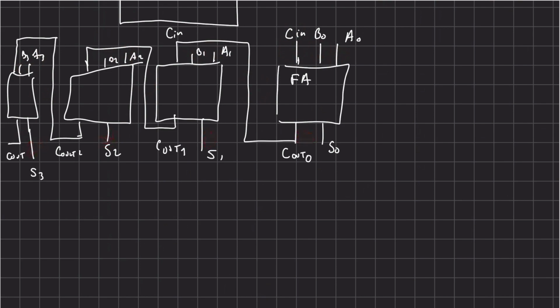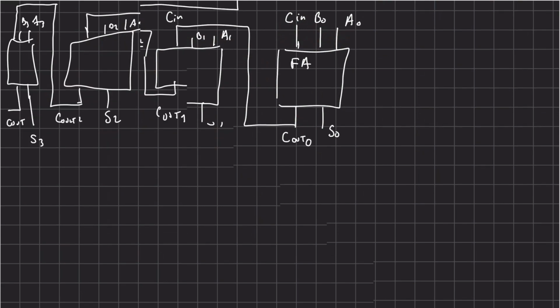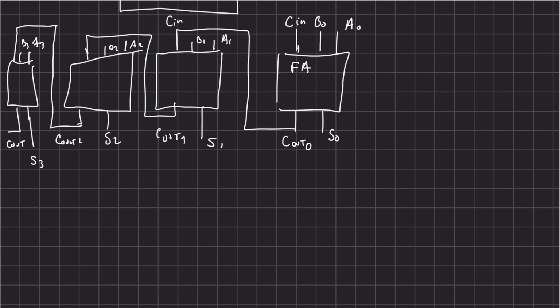What we will do to simplify the code is create signals to map those carries, and we will call it carries. It will be an array of 5 in that context, because we have 4 bits.